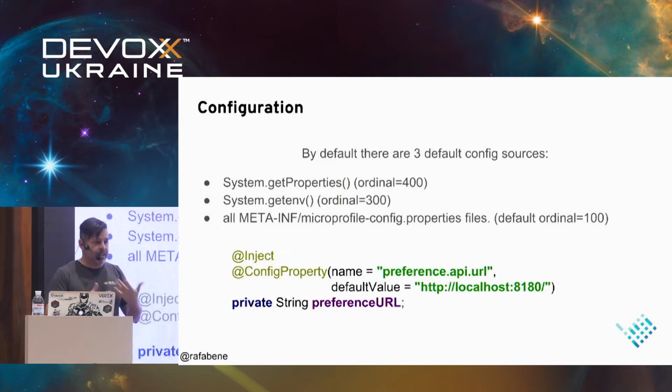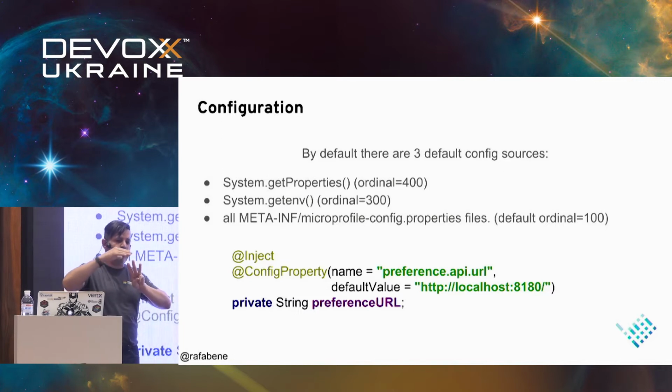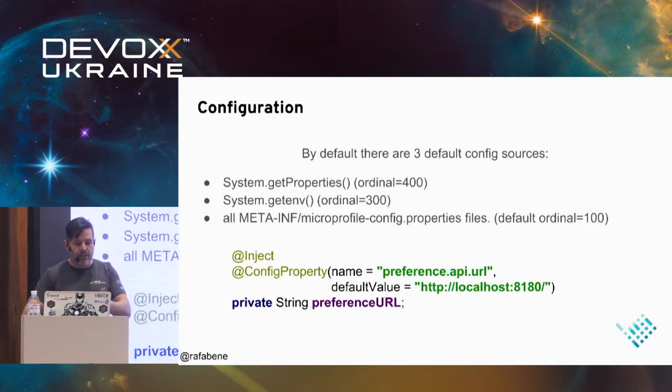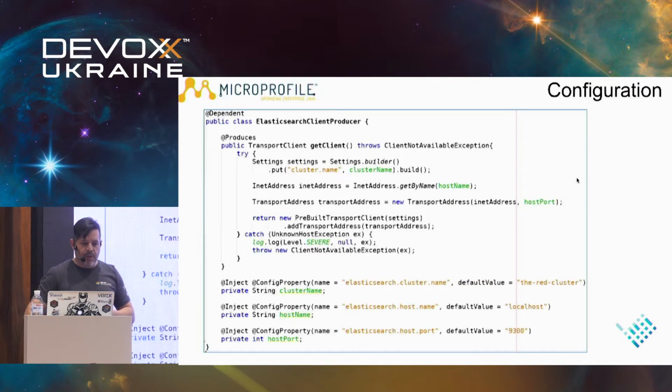I have an example here. I've built 3 microservices, microservice A, B, and C, and A needs to communicate with B, that needs to communicate with C. So to get the address of microservice B, I use a config, just like here. Let me show another example. So imagine here that you need to build a new client.